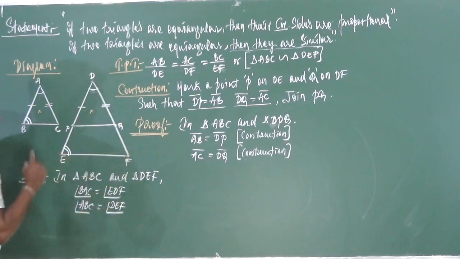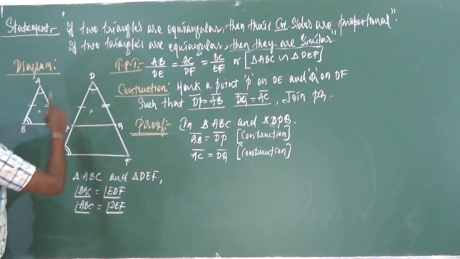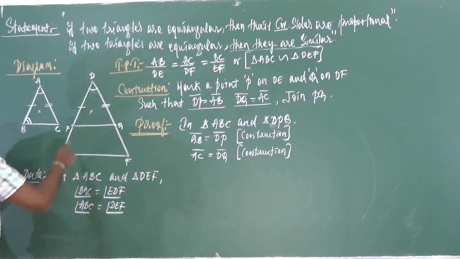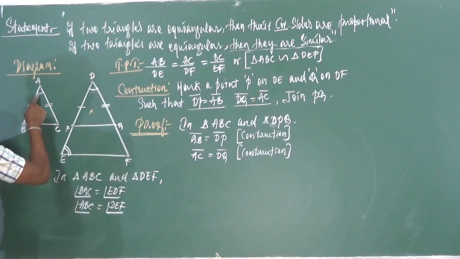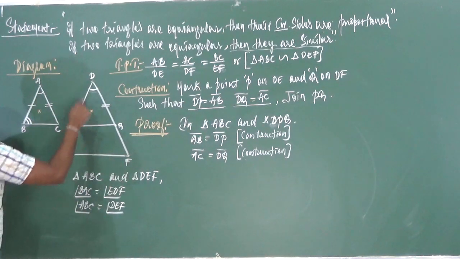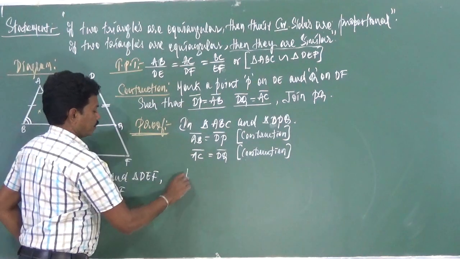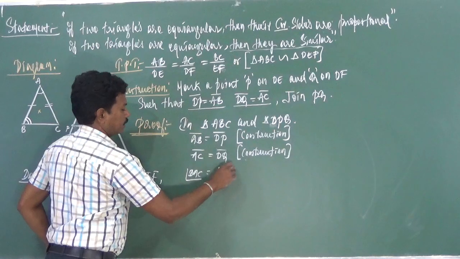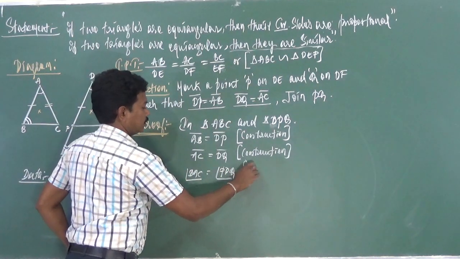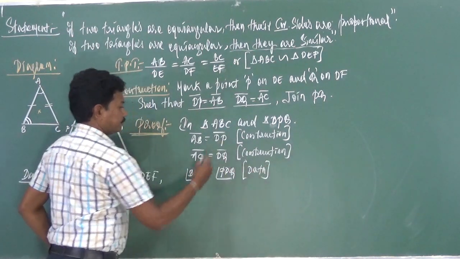You can see, here angle D is common for this triangle as well as this triangle. So therefore, I can easily take angle BAC is equal to angle PDQ. So this is according to the data.